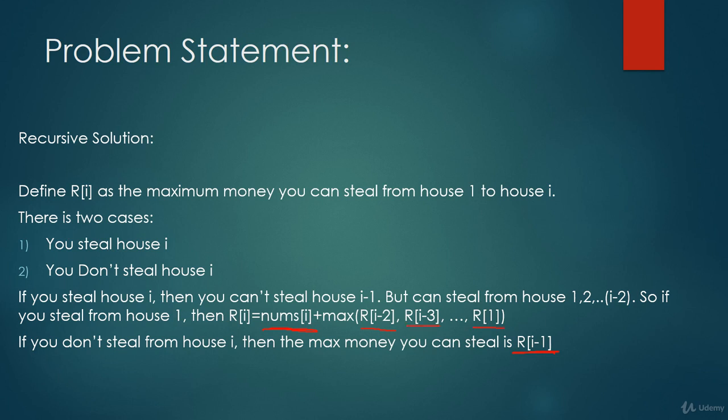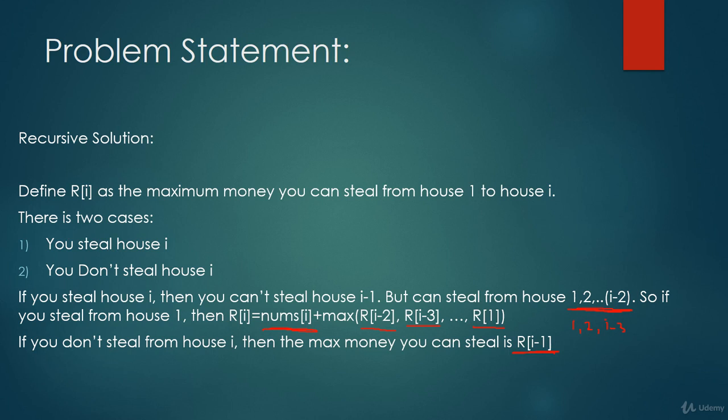Well, the reason is we might not want to steal from house I minus 2, but steal from house I minus 3. So it's not necessarily that we're stealing only from these houses. We might steal from house 1, 2, all the way to I minus 3. So that's why we have this maximum here.